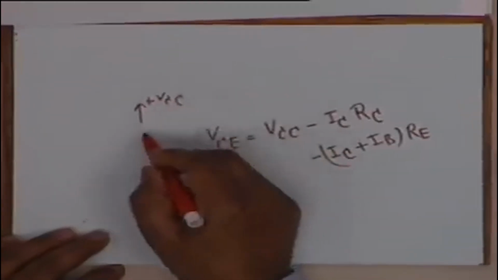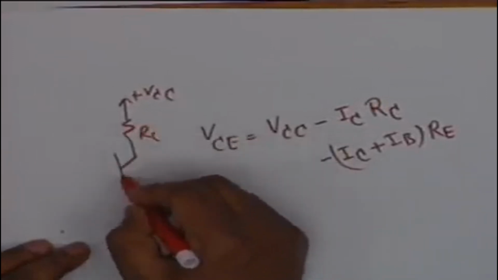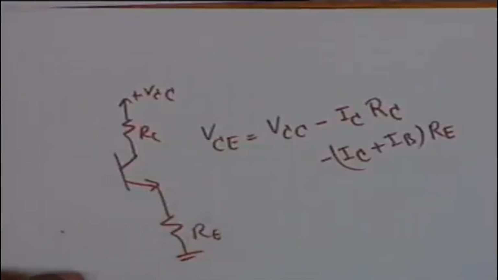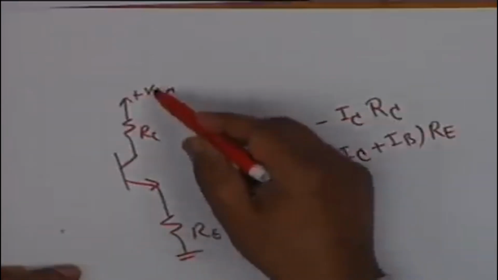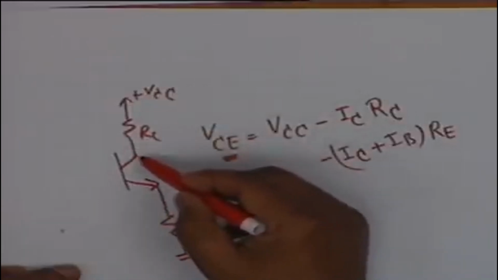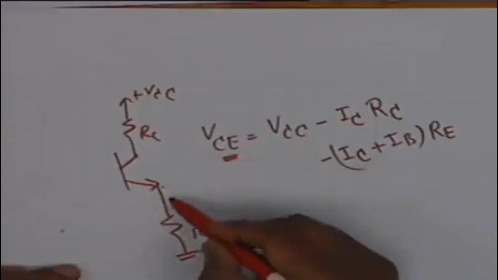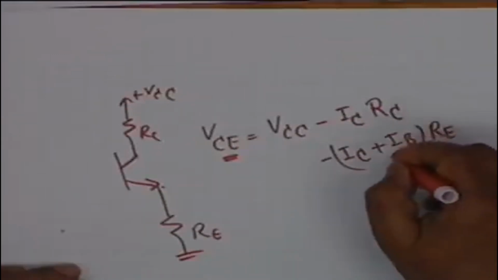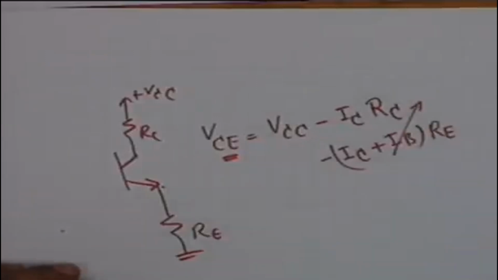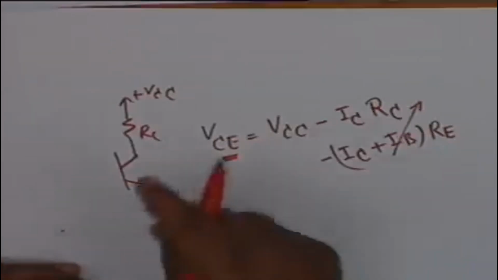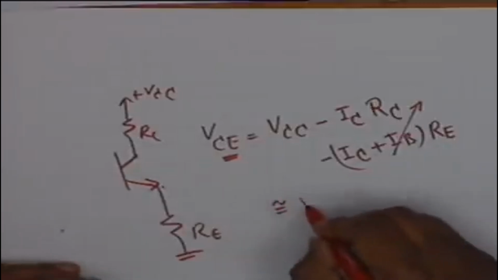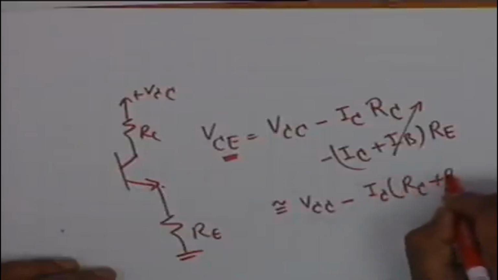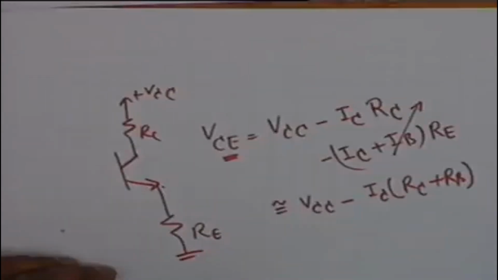This is VCC, you have RC, the transistor, then you have RE. So VCC is equal to I sub C RC plus VCE plus (I sub C plus I sub B) times RE. Usually IB is very small compared to I sub C, beta times less, and therefore this is approximately VCC minus I sub C times (RC plus RE).